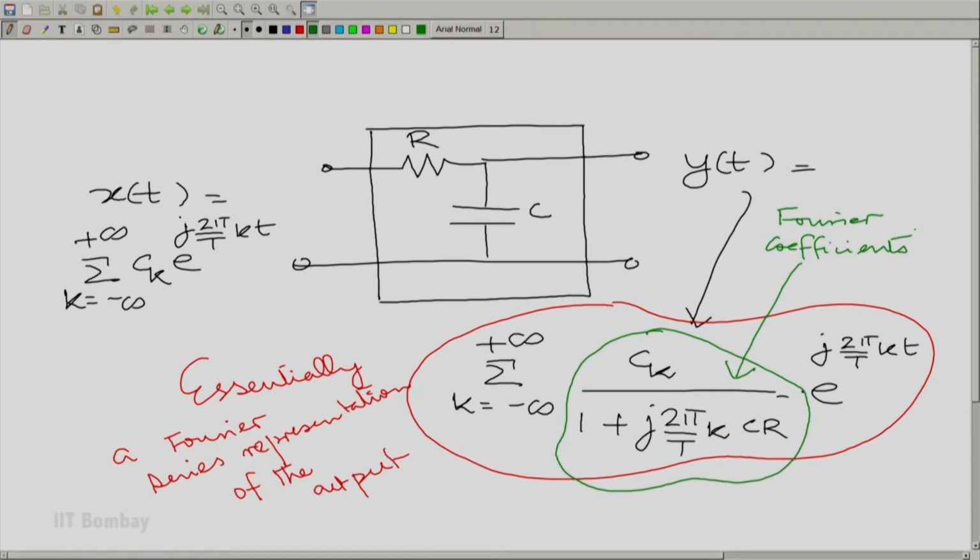Now, the problem is, in the input we might have known what kind of a periodic waveform we have. For example, we could have taken the periodic waveform to be that symmetric square wave which I showed you. It could be a triangular wave, it could be what you will. Now, that is where the catch is.